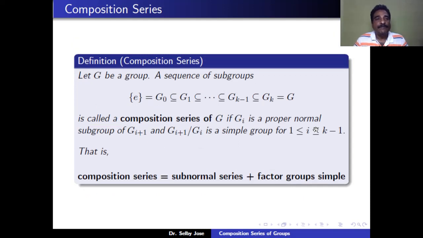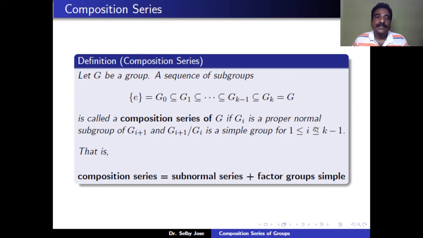Now we will define what a composition series is. Let G be a group, and suppose we have a sequence of subgroups, beginning with the identity and ending with G: G0, G1, G2, etc., Gk, where Gi is contained in Gi plus 1. This sequence of subgroups is said to be a composition series of G if Gi is a proper normal subgroup of Gi plus 1.